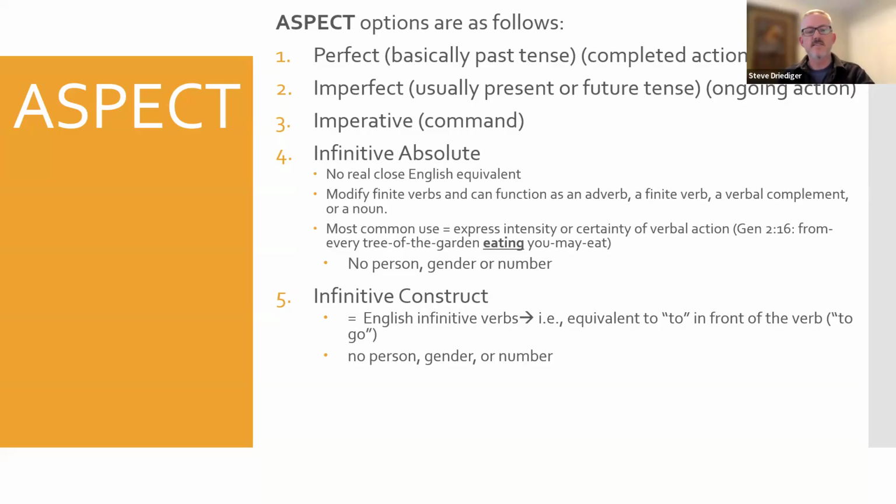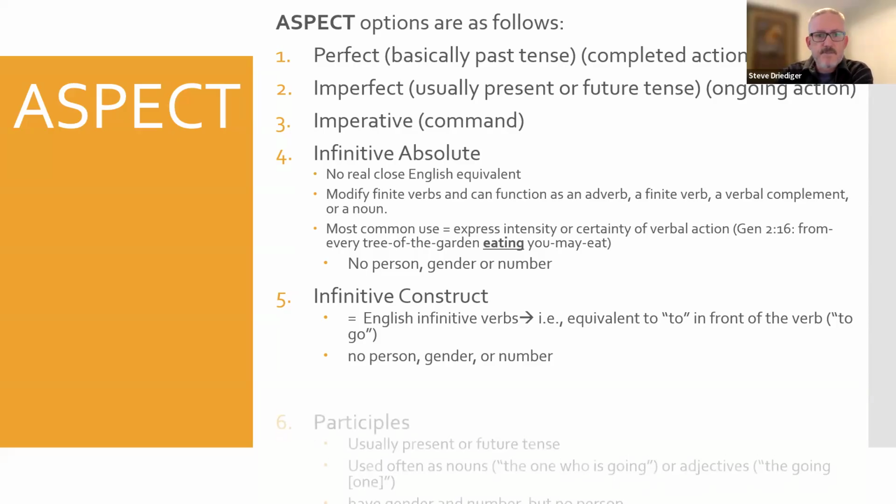That's usually the way that infinitive absolute gets used, a way that intensifies the action. Another example is in Jonah, when they're in the middle of a storm and they're rowing really hard. If you were to translate it really literally, it's like rowing they rowed, which just means they were working really hard at rowing.